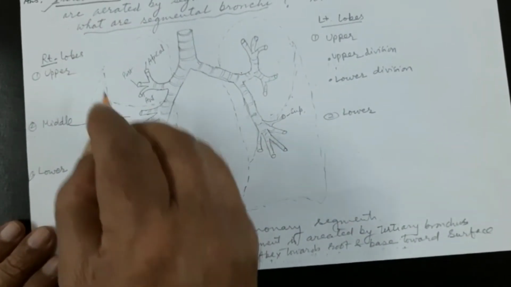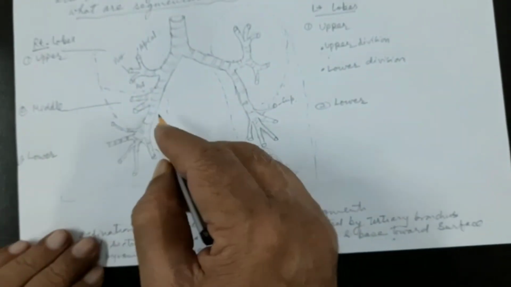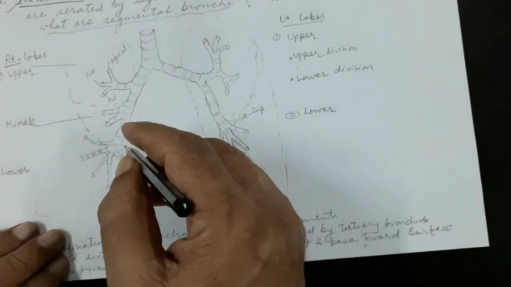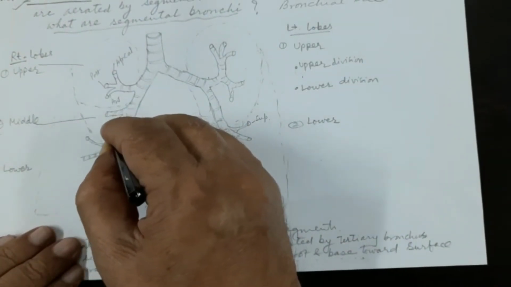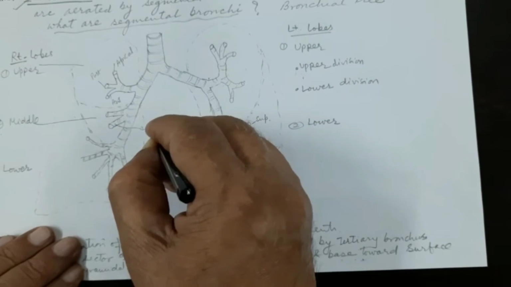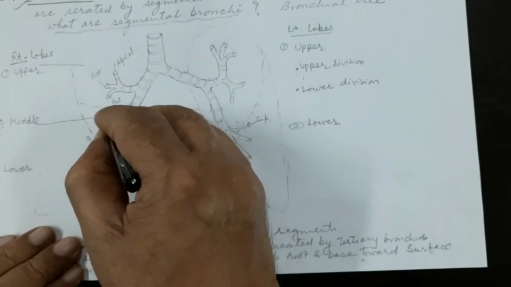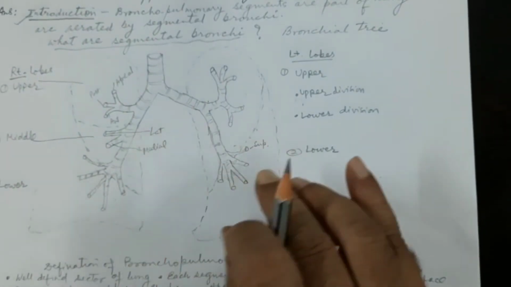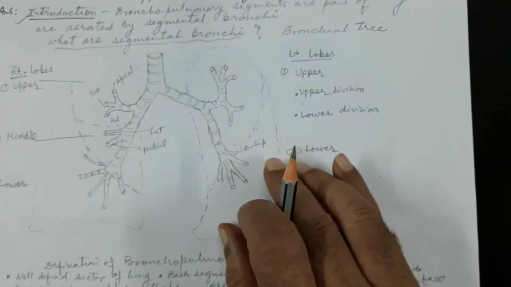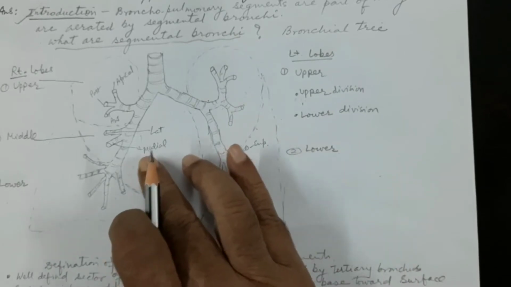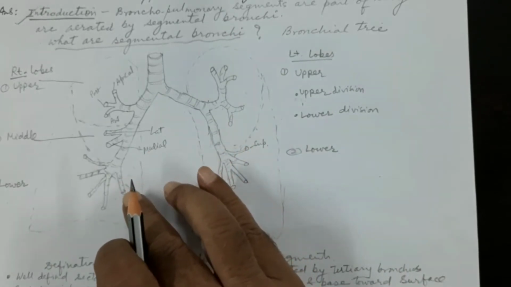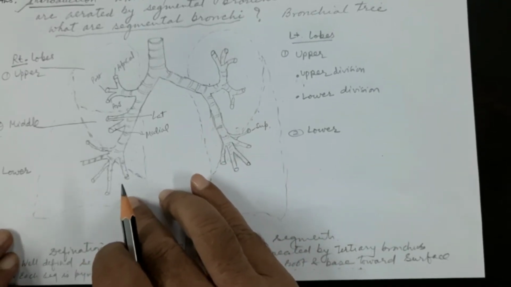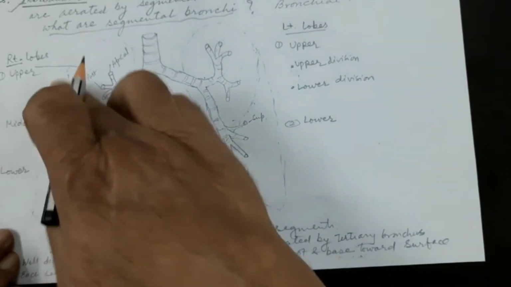This middle lobe will divide into the medial and lateral segmental bronchi. So there are two segmental bronchi in the middle lobe, medial and lateral, whereas the upper lobe has anterior, posterior and apical.